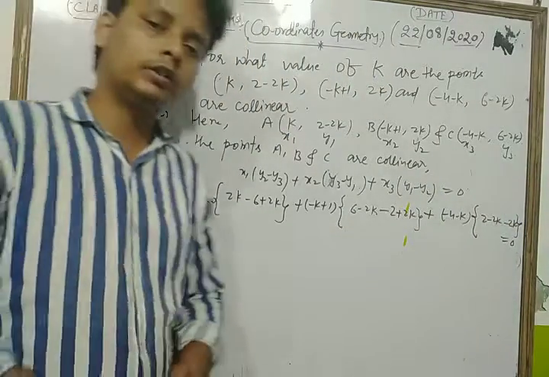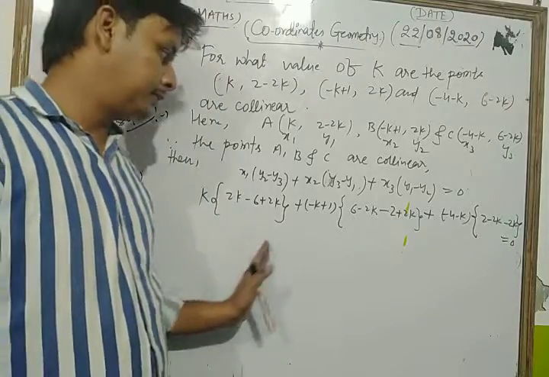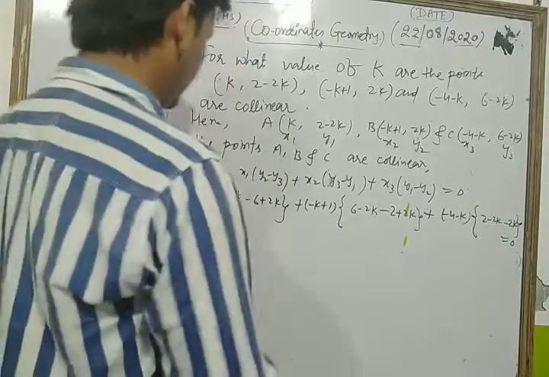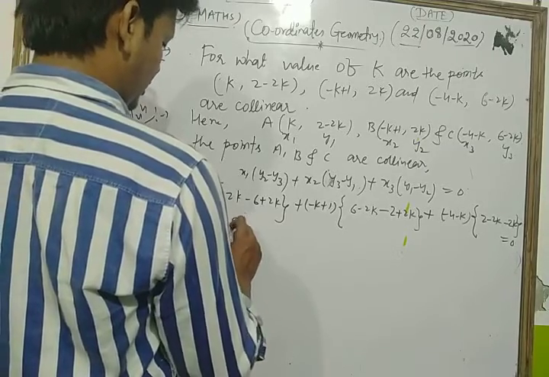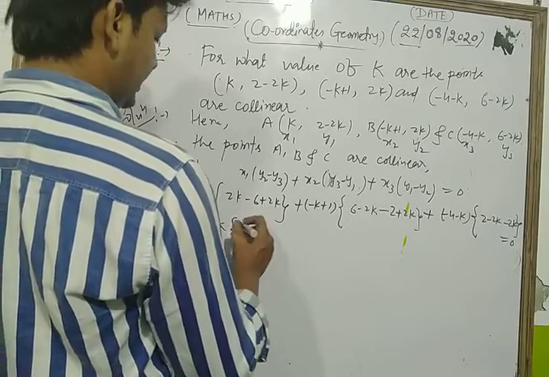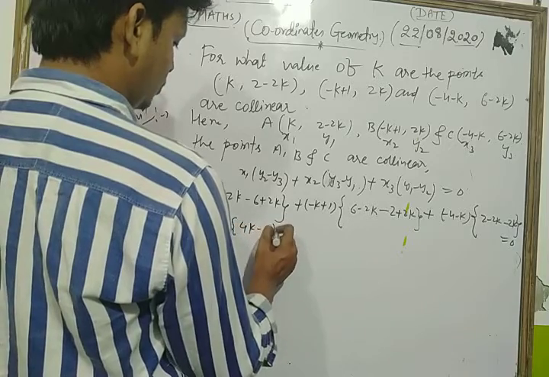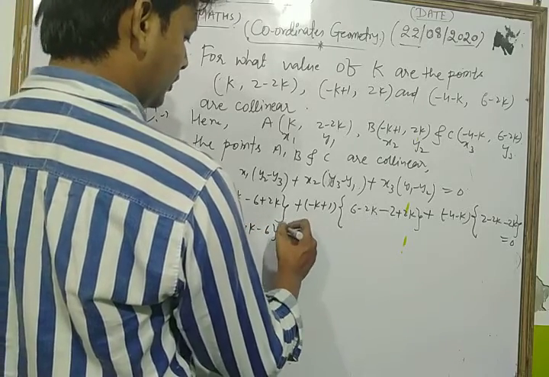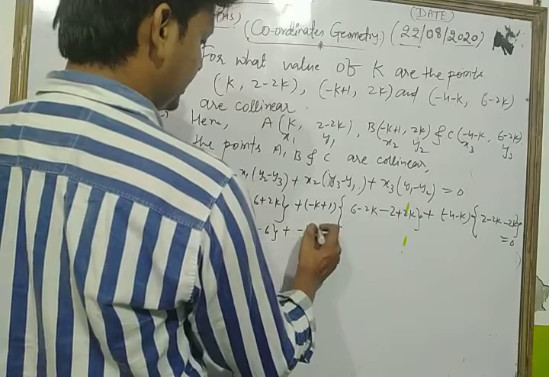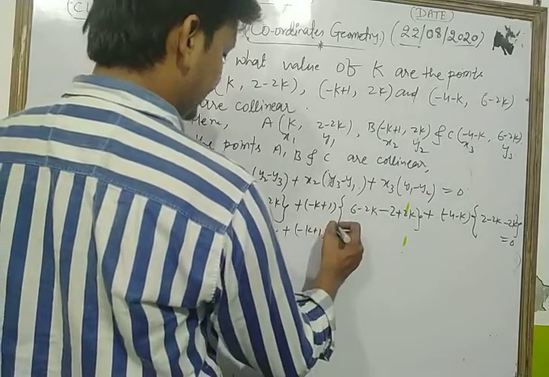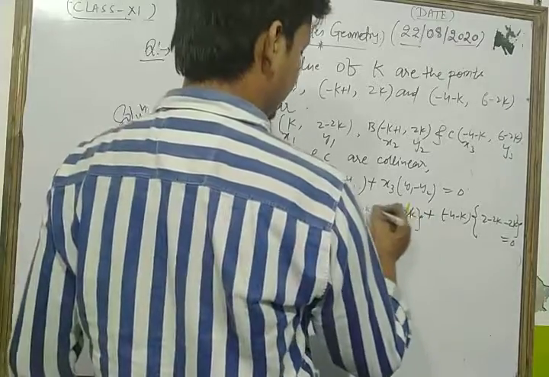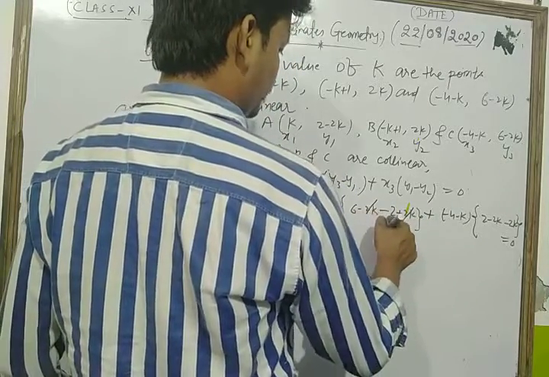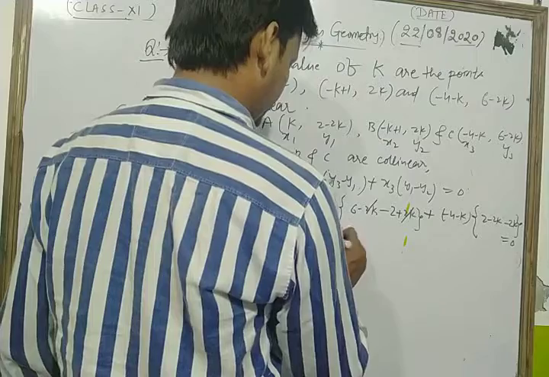Now, dear students, we simplify that condition. We have k times (2k plus 2k minus 6), that is 4k minus 6. Here we write minus k plus 1 as it is, and in the other bracket 2k and minus 2k cancel each other, 6 minus 2 is only 4, so we multiply by 4.